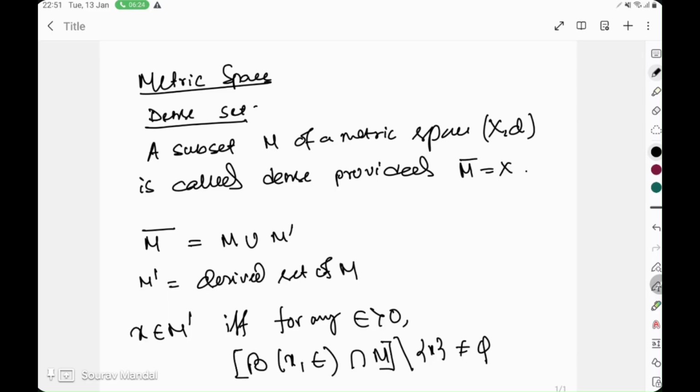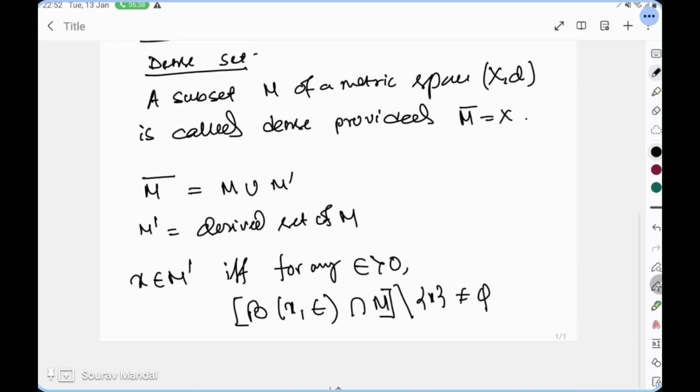Clear? Yes, sir. That means every deleted neighborhood of x intersects M. Okay.